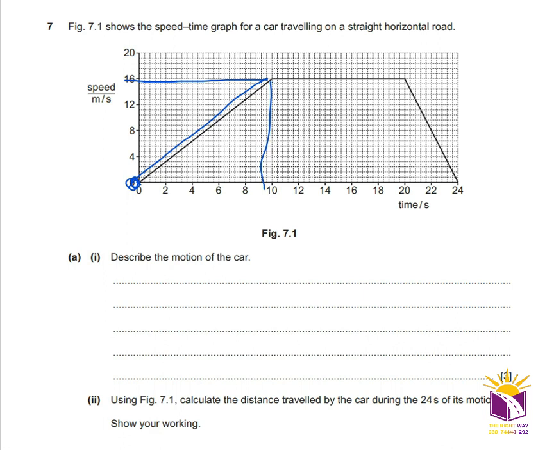For the next 10 seconds, it moves with the same speed of 16 meters per second. In this portion, our acceleration is 0. And for the last 4 seconds, it decelerates uniformly and comes to rest after 4 seconds.